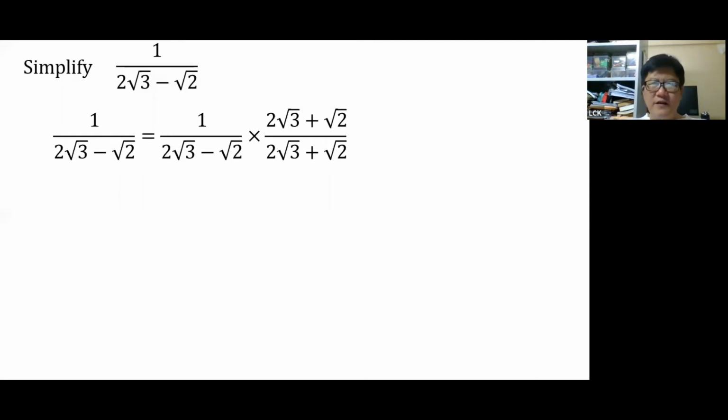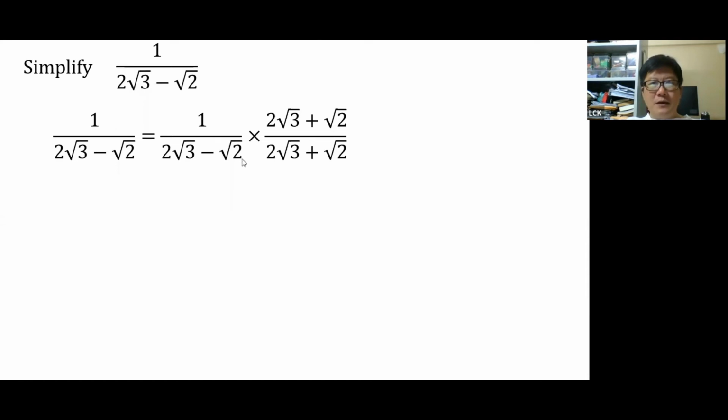That is very, very important. So here you have a 2 square root 3 minus square root 2. What you multiply it with is 2 square root 3 plus square root 2. And of course, on the top, it has to be the same. You have to repeat it at the top because then you are multiplying by 1. So you're not changing the question.